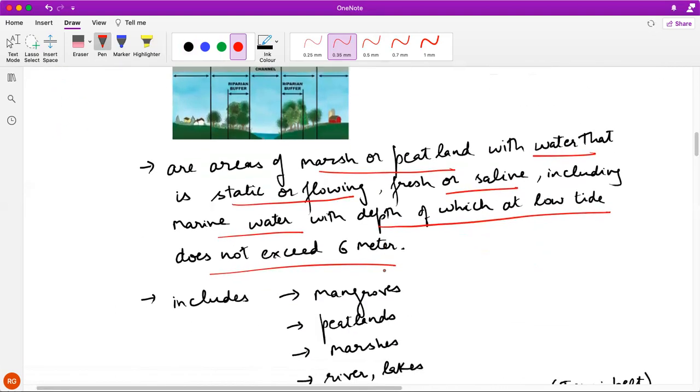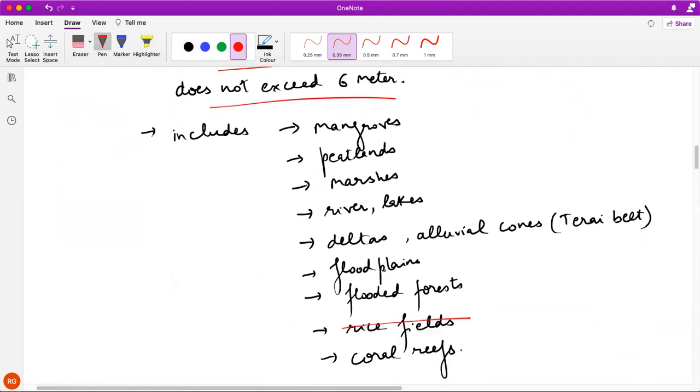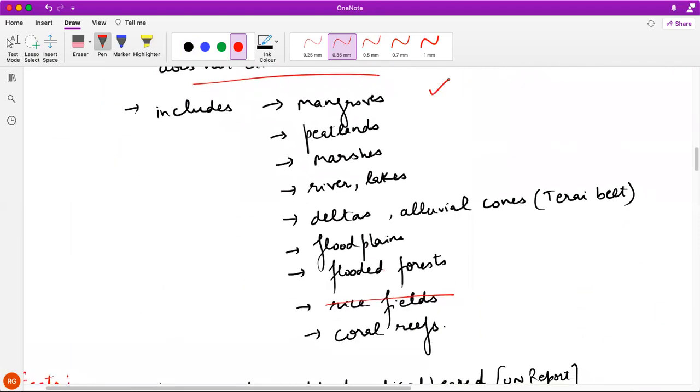Okay, so now what all ecosystems are included in wetlands? It basically includes mangrove areas. We all know mangroves lie in the sea area, on the transition between sea and continental area. Then peatlands, low-lying areas, marshes, rivers, lakes, basically river bank area.